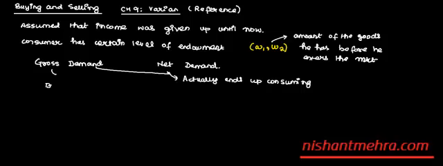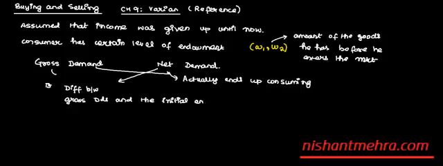And your net demand is the difference between gross demand and the initial endowments.